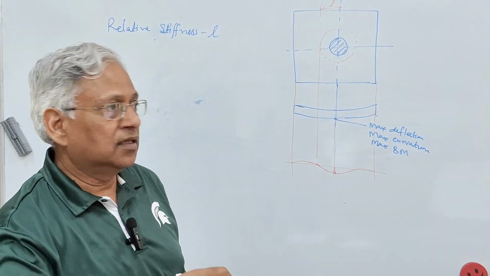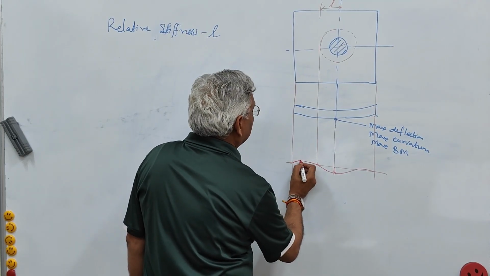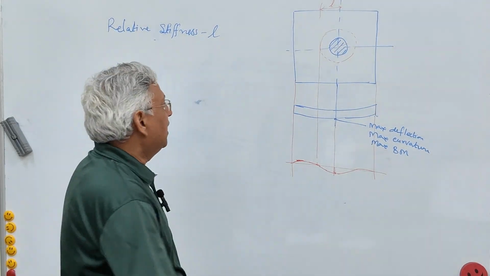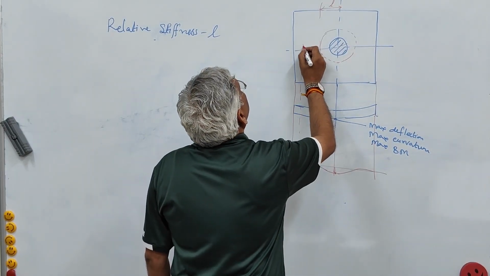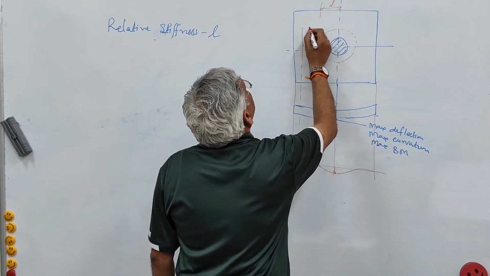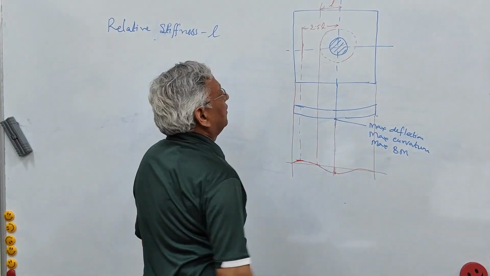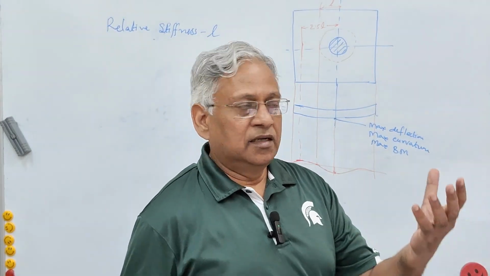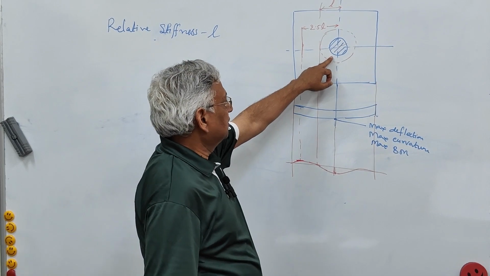The maximum tensile stress will occur at the top of the slab at a distance of 2.5 times L. That is how the stresses occur in a slab when you apply a load in the interior.